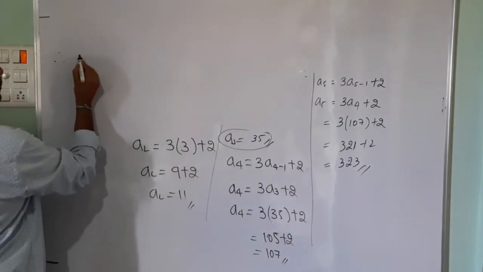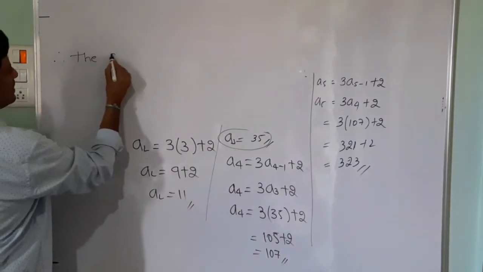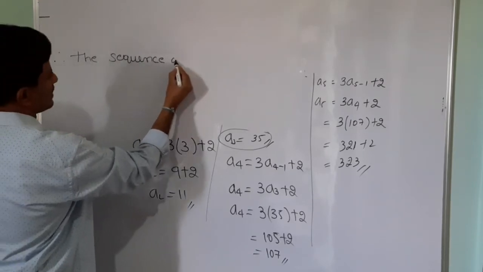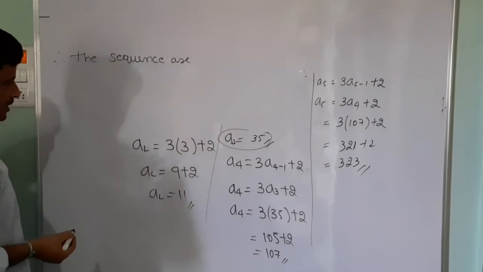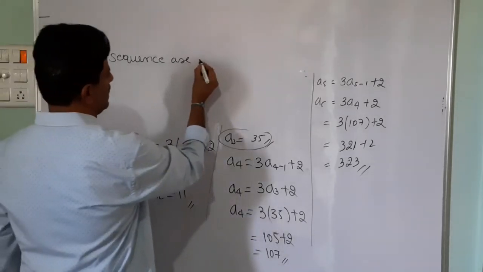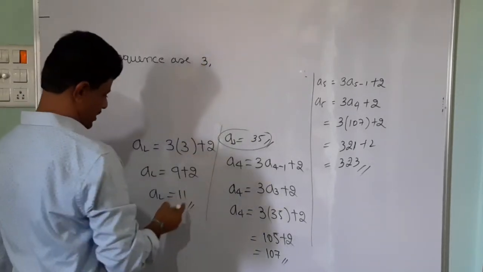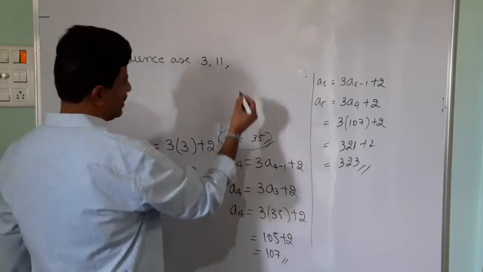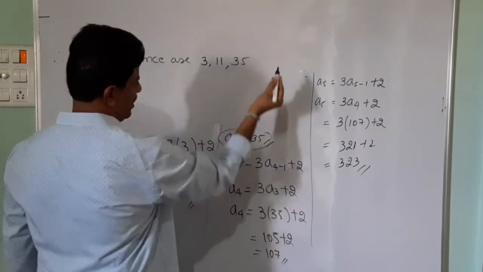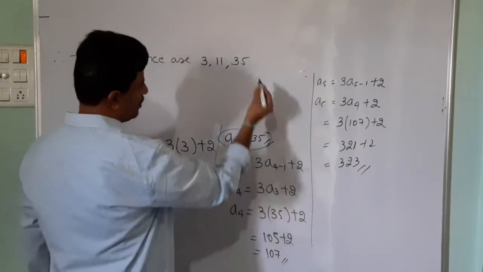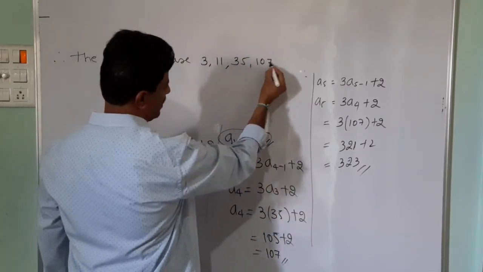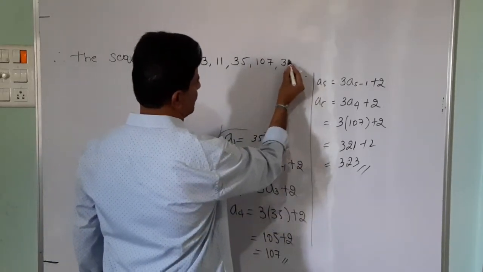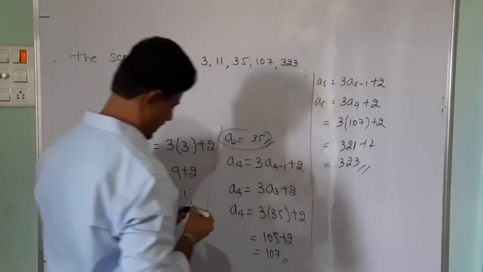Therefore the sequence are: first A1 is equal to already given 3, comma, A2 11, comma, A3 35, comma, A4 107, comma, next A5 323.